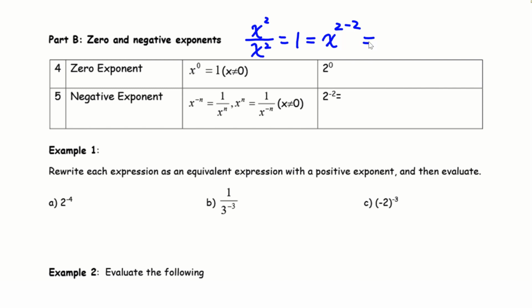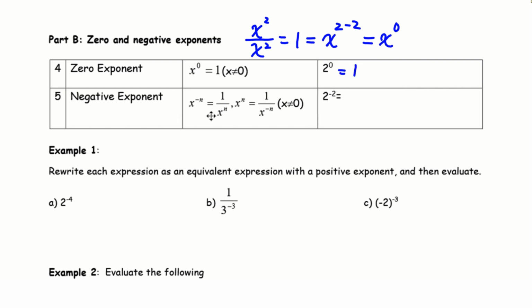Then you will have x to the exponent 2 minus 2, which gives you x to the exponent 0. So then we know that the same thing divided gives you 1 and the exponent is 0. So that's the reason x to the exponent 0 always equals 1, because it is the same thing divided. So 2 to the exponent 0 is 1.